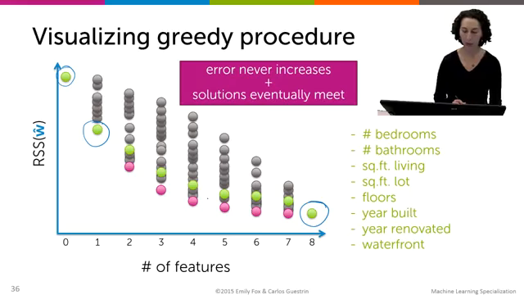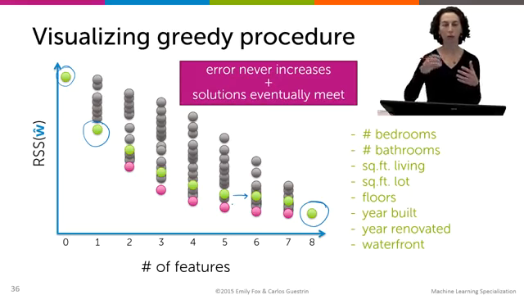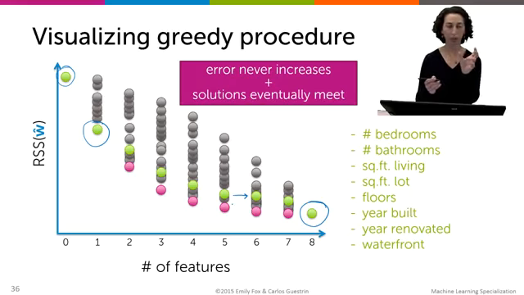So there are a couple points that I want to make about this greedy procedure. One is the fact that from iteration to iteration, error can never increase. The reason for that is, even if there's nothing else that you want to add to your model, even if everything else is junk or perhaps only making things a lot worse in terms of predictions, you can always just set the weight equal to 0 on that additional feature, and then you'd have exactly the same model you had with one fewer feature, and so the training error would be exactly the same.